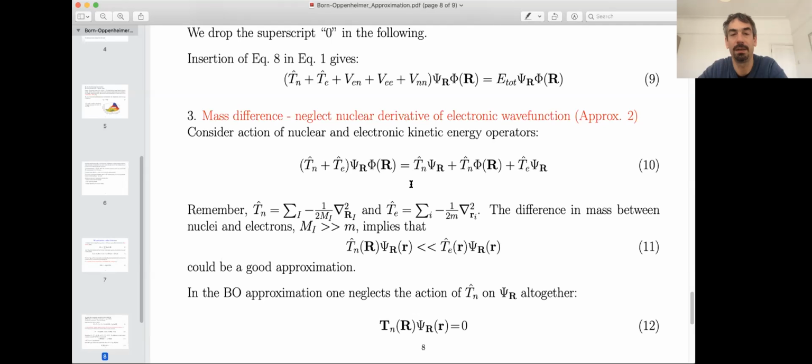And you again would have to multiply from the left with the phi r, the nuclear wave function, which is missing here. But then the second term, since the nuclear wave function does not depend on the electronic coordinates, this operator acting on the nuclear wave function is 0. So therefore you don't have this fourth term. That's another thing to correct.